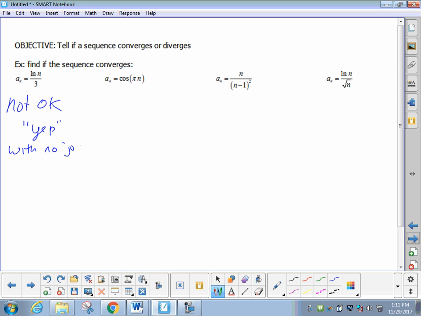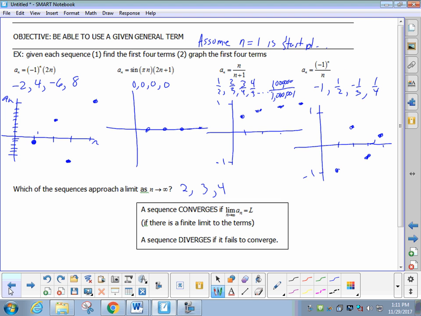It is implied that justification is required. The justification, as you might imagine, is satisfying the definition of converging or showing that it doesn't satisfy the definition. In other words, to show there is a limit to the terms.